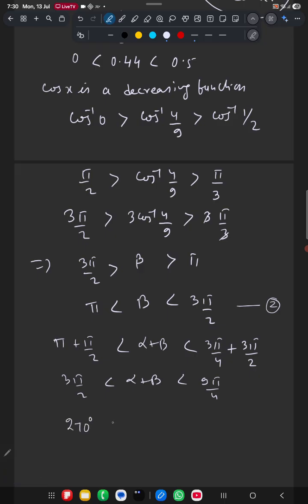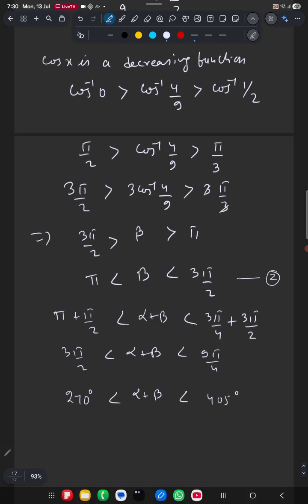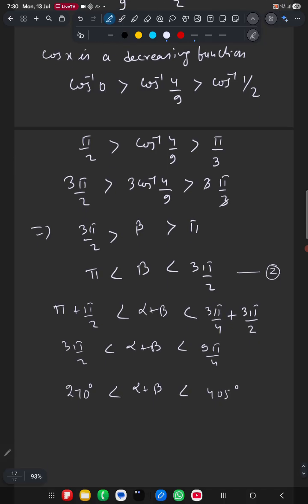In angles, 270 degree is less than alpha plus beta, which is less than 405 degree. Clearly this interval shows that alpha plus beta lies in the fourth and first quadrant.